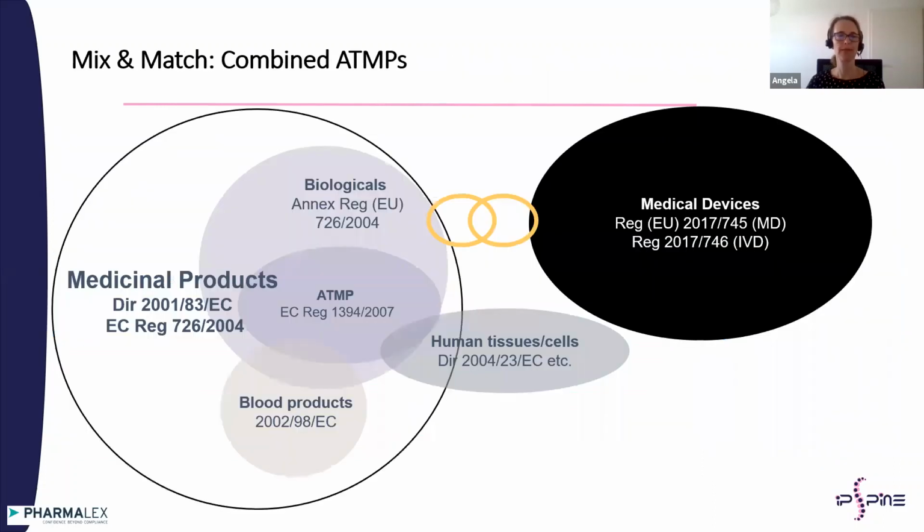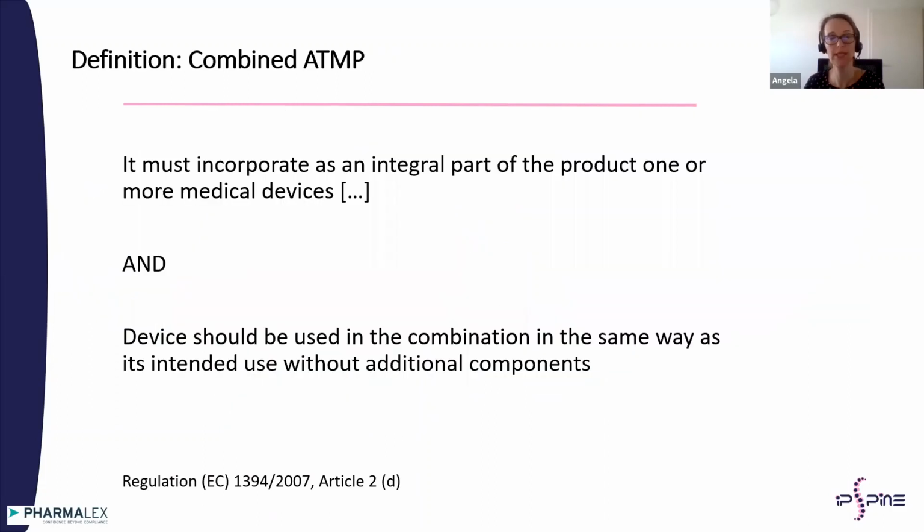If you remember this slide from the very beginning, I said we have two different universes for medicinal products and medical devices. They are non-overlapping by definition because they've got these mutually exclusive definitions, but you can link them together and you can use both types in one product, in which case you will end up with a combined ATMP.